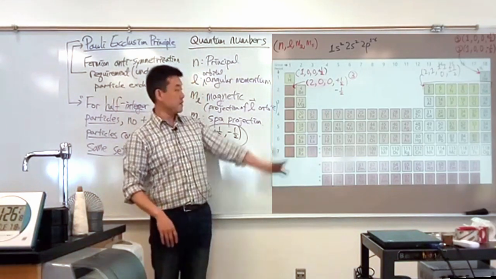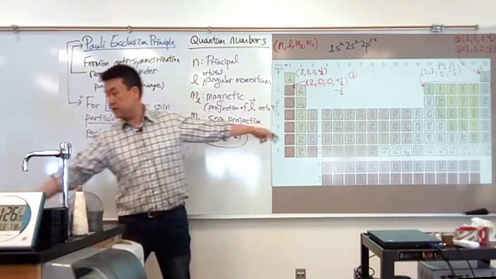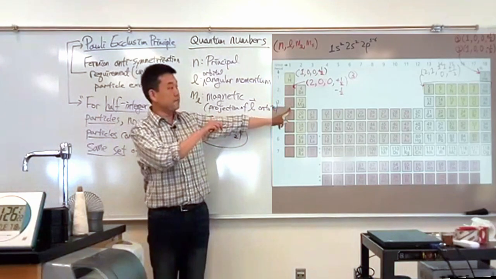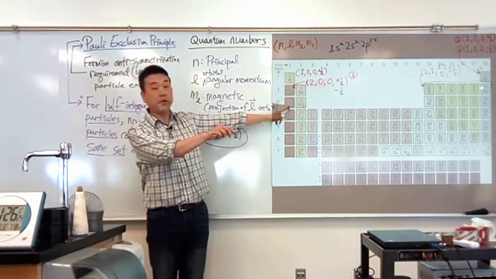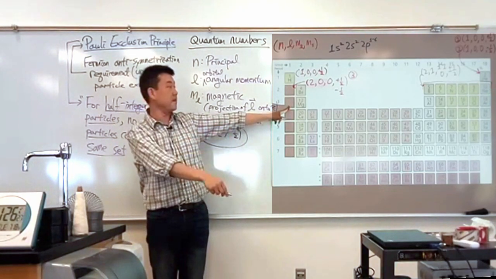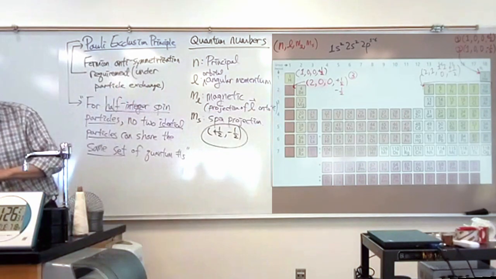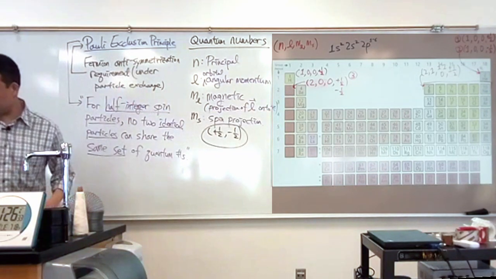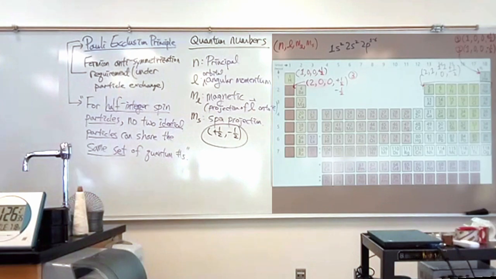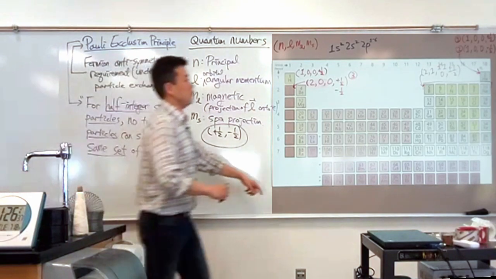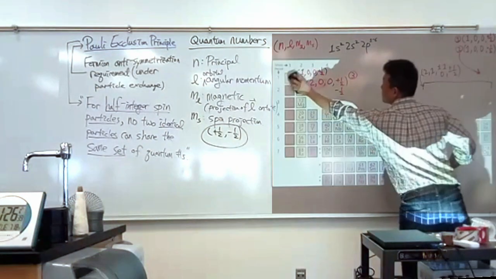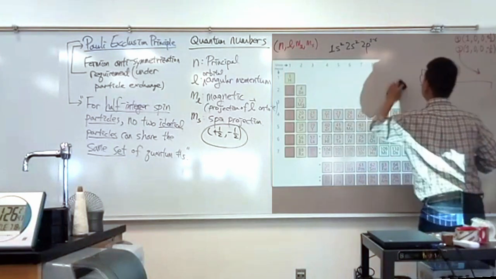So if you are looking at, for example, sodium, then you assume that everything you put in through neon is filled, and then the last electron fits into the state corresponding to that. When you mark up the periodic table that way, this is how you would see it.